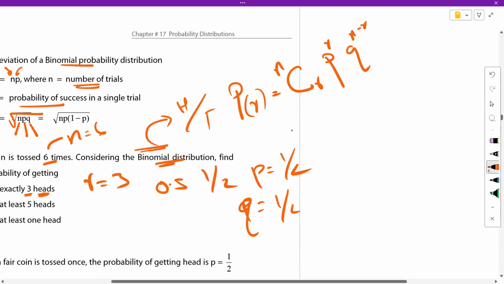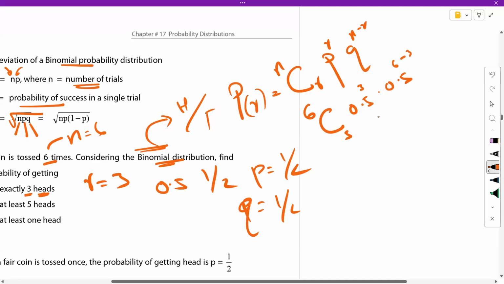Here the coin is tossed 6 times and we expect 3 heads. Probability of success, probability of getting head, equals 0.5 and R equals 3, times probability of failure 0.5 to the power 6 minus 3.